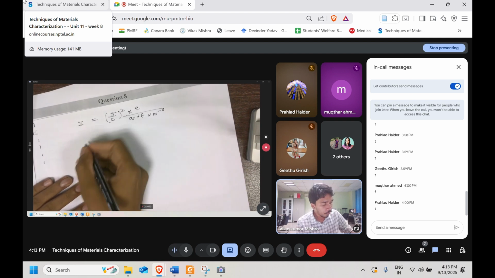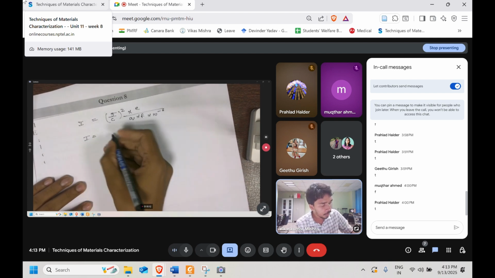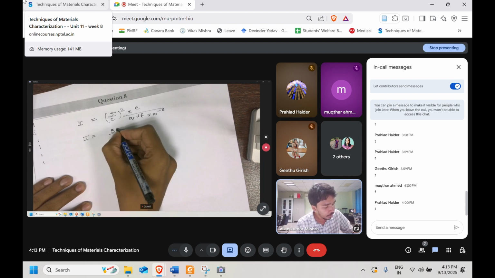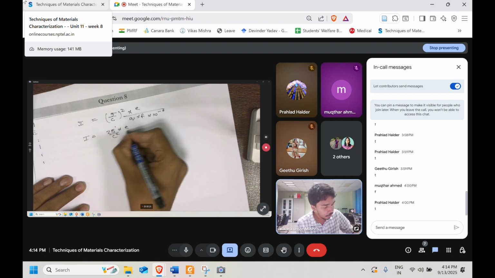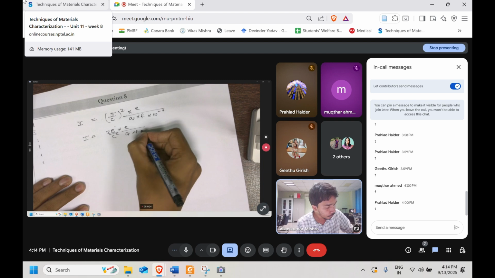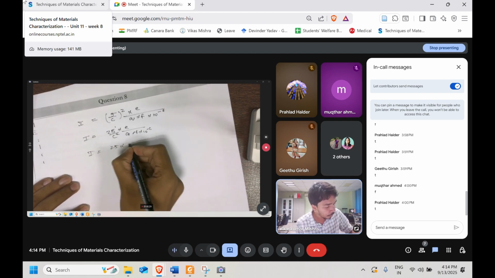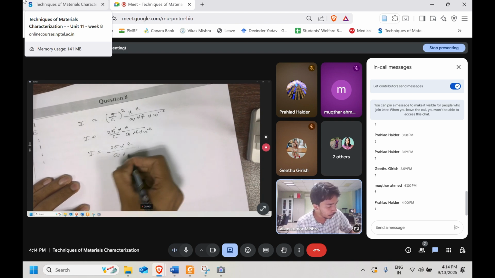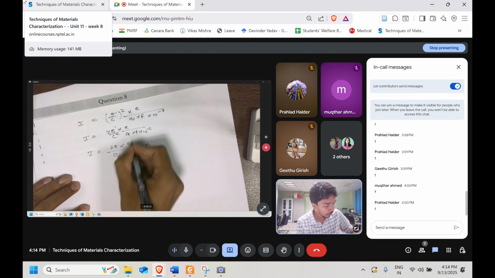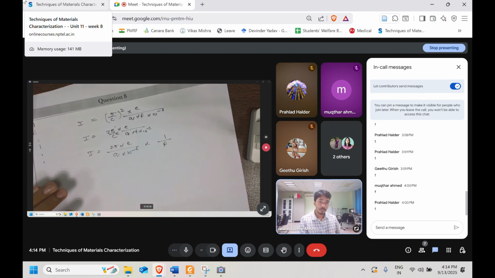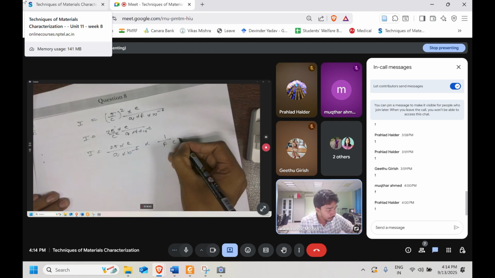Now let's see what factors are available here. Let's separate out the numbers and the variables. 25 multiplied by E divided by Q multiplied by 10 to the power of minus 6 are the constants, and this is the F. Sorry, C is also there.